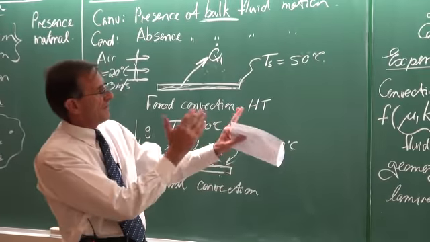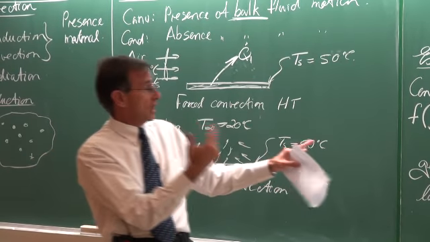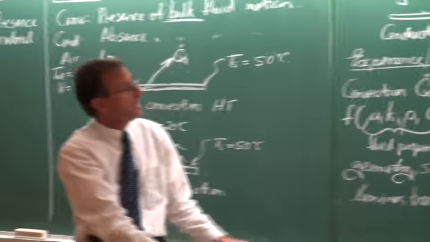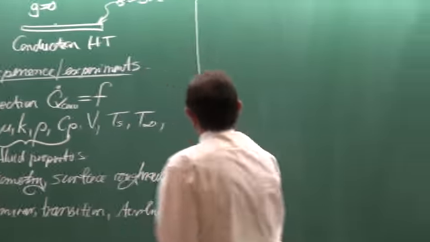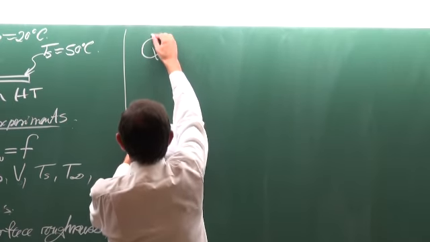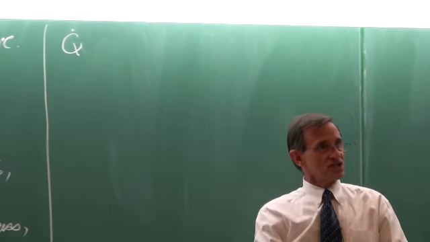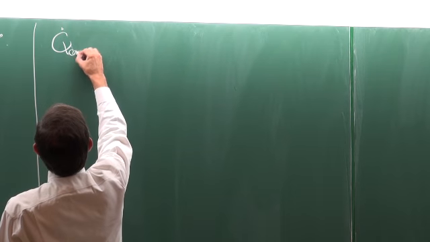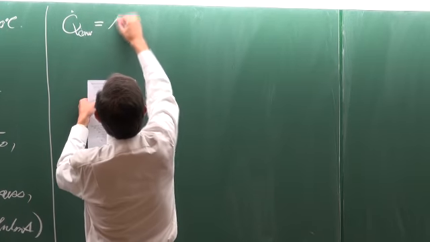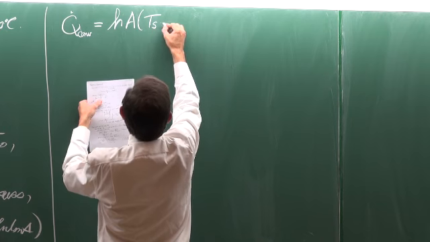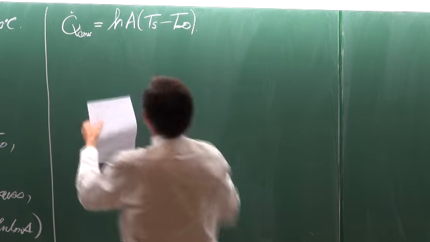Okay. So this very, very complicated relationship of the heat transfer rate as a function of all these variables, Newton really took a shortcut with this. What he did is he said, well, let's make it very simple. We know that if things are simple, then usually it's easier to understand. So he said, all we do is we are going to say the convection heat transfer is equal to the heat transfer coefficient multiplied by the surface area multiplied by Ts minus T environment.